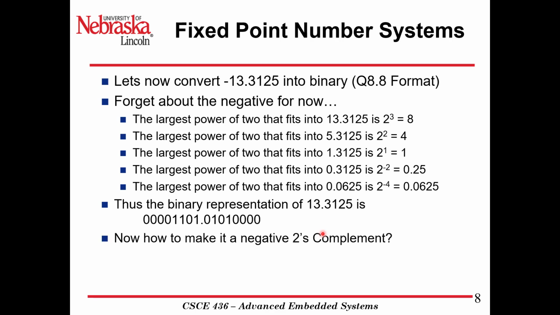How do you make that a negative 2's complement number? In fixed point, it works the same as in regular binary numbering systems. You flip all the bits and add 1 to the least significant bit, which just happens to be the one to the very right, even though before we were adding 1 to the 1's position, now it's the most negative position.